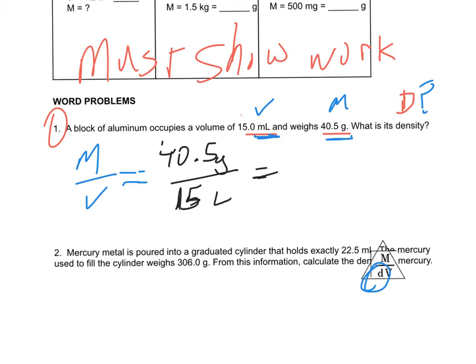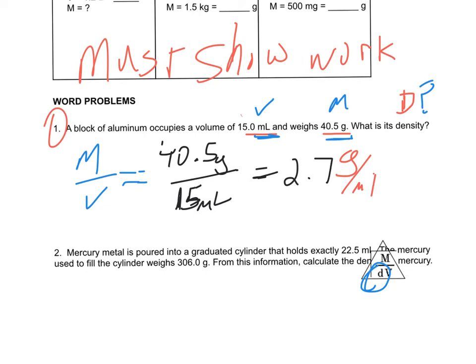Now remember that because it's density, you're going to have 2 units in your answer. So it's going to be grams per milliliter. Now take the 40.5 and divide by 15, and you have 2.7.